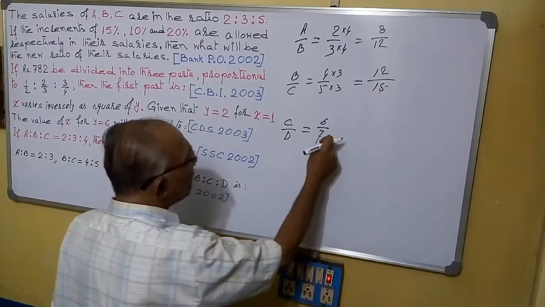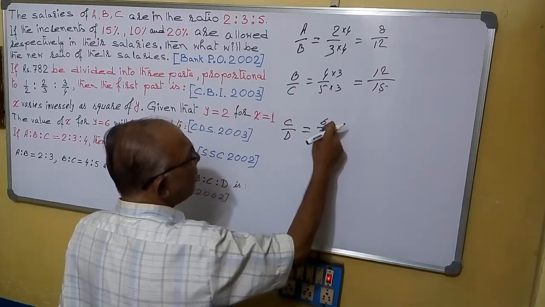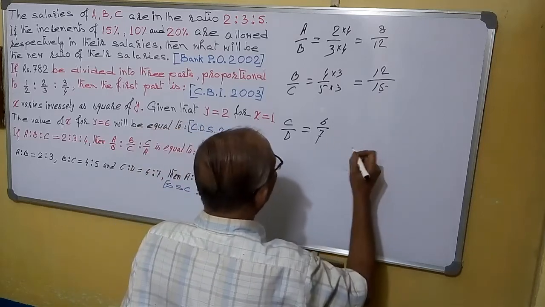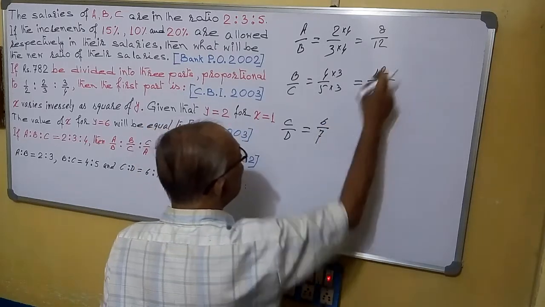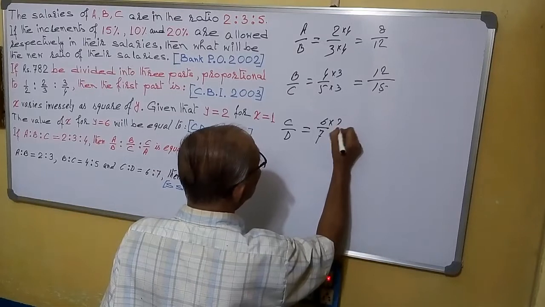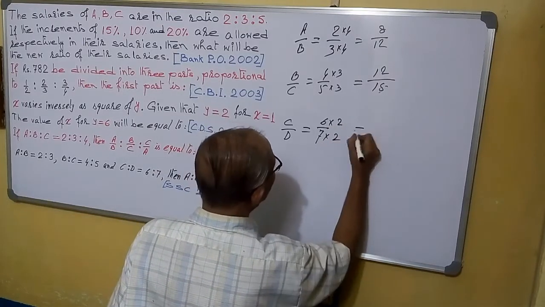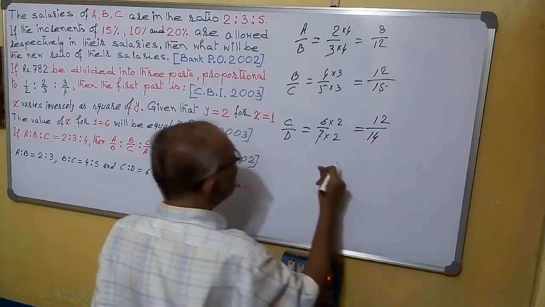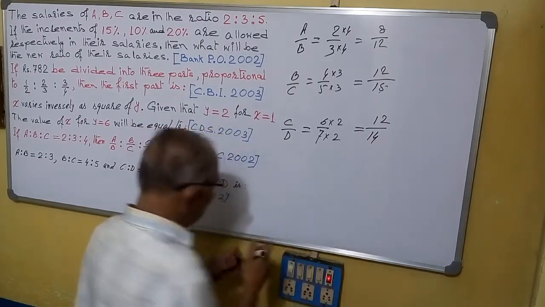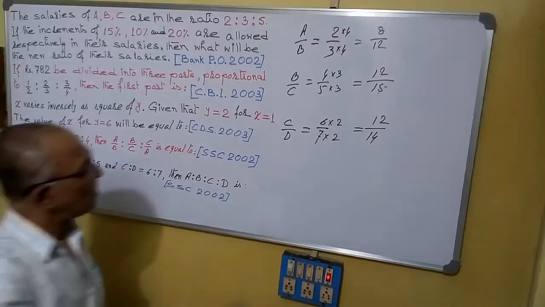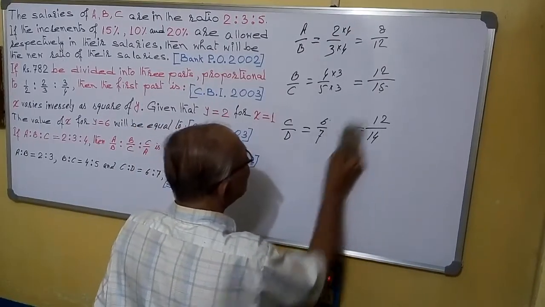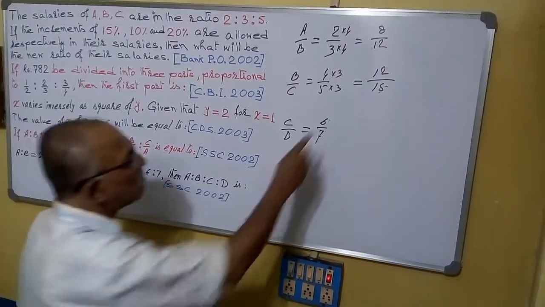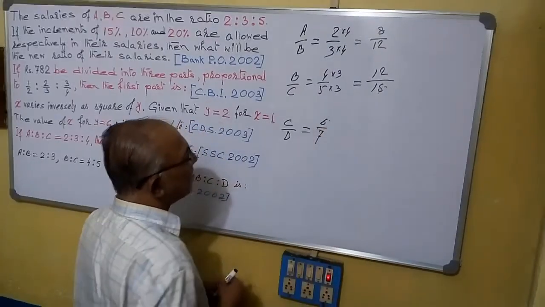Now we will try to make these two C's equal. Here C was 15 and here it is 6.